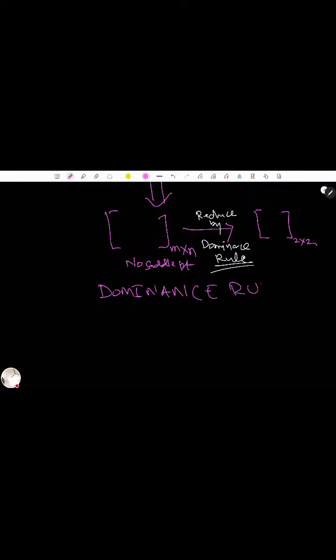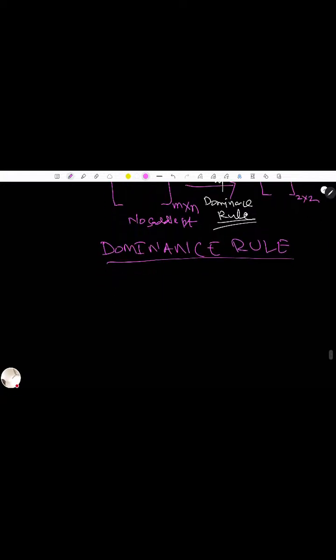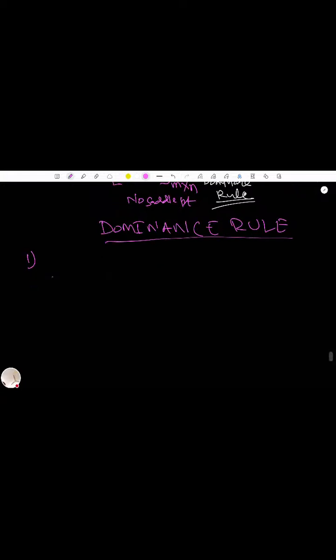Coming to the dominance rule. In the dominance rule, what we will do? The rule is like this. Rule number 1: the larger row dominates the smaller row. What does it mean?